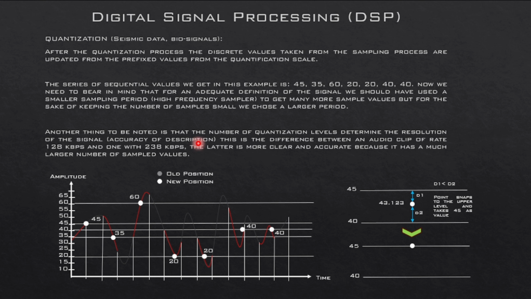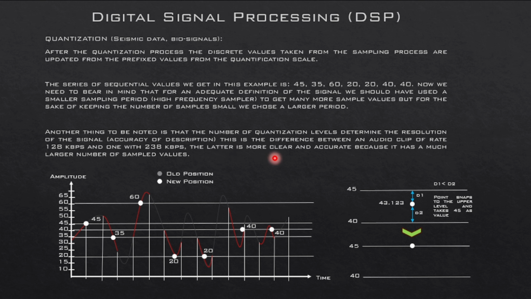Another thing to be noted is that the number of quantization levels determines the resolution of the signal, or the accuracy of description of the signal, as we mentioned before. This is the difference between an audio clip of 128 kilobits per second on your computer and one with 360 kilobits per second.